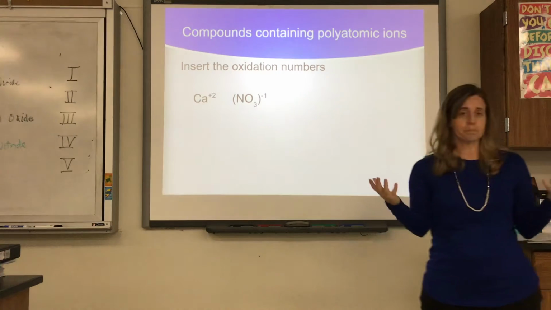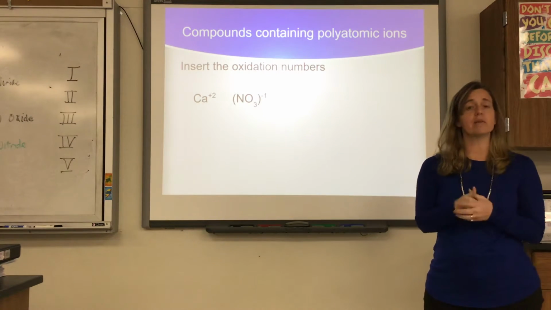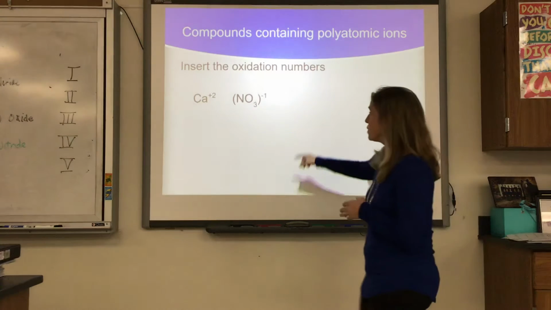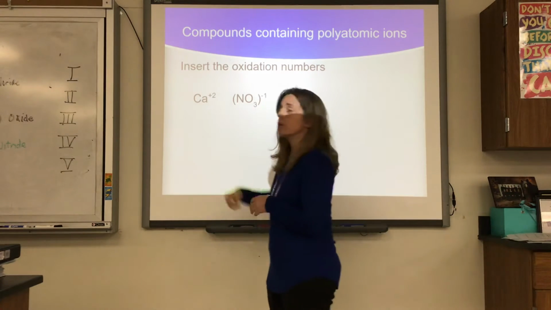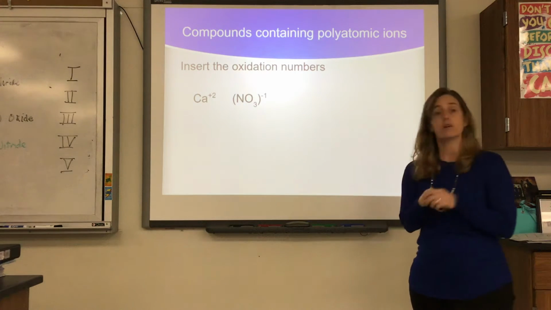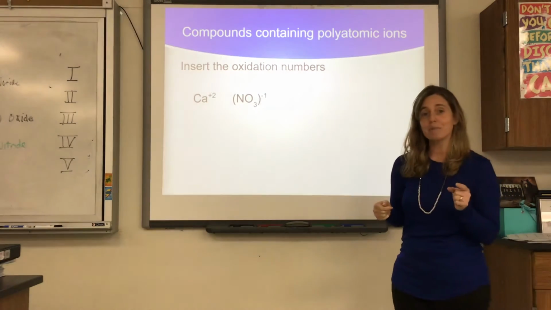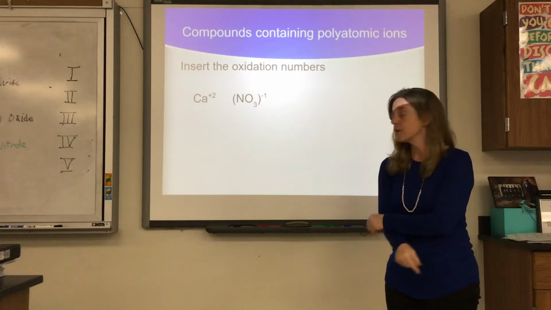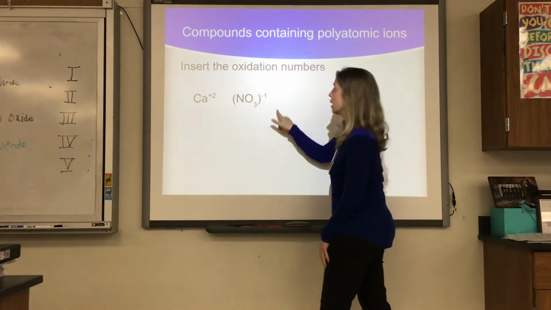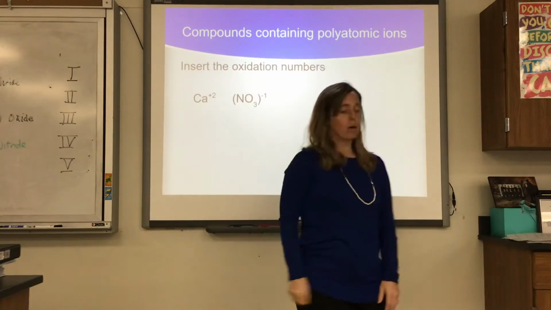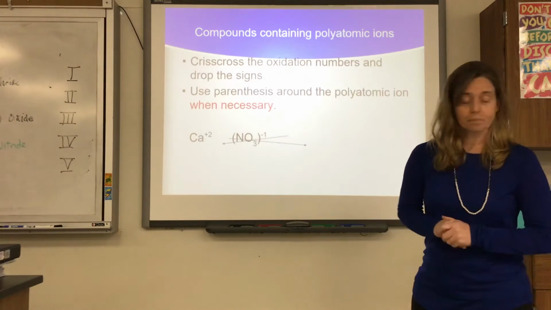Now remember, back to what we did with binary ionic. If the charges do not cancel, and a +2 and a -1 do not cancel, we use our crisscross method, right? Where we crisscross them. So the 2 goes here and the 1 goes here. That's one way to do it.